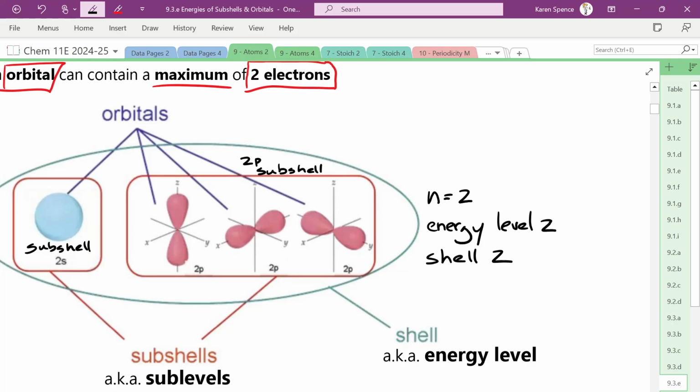Also known as sublevels. And then within the 2s subshell, we just have the one orbital. But within the 2p subshell, we have an orbital, and an orbital.